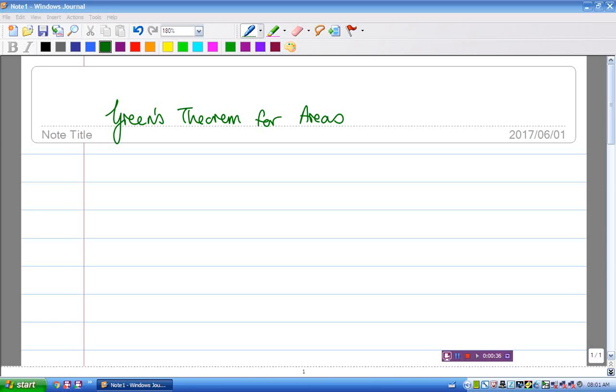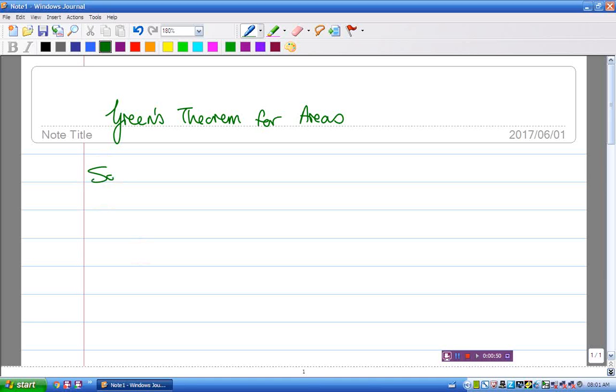The typical example here is of an area where you want to work out the area, which is framed as a double integral, and then you actually turn it into a line integral around the boundary of the region whose area you want to work out. So, sometimes the double integral, because usually the double integral is easier than the associated line integral, but it can be the other way around.